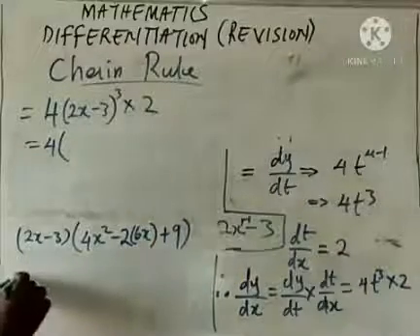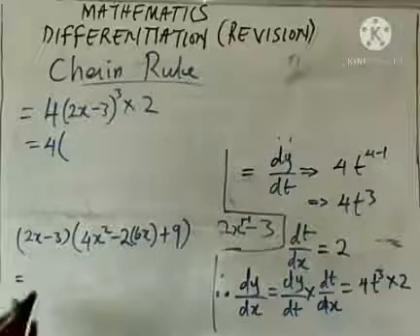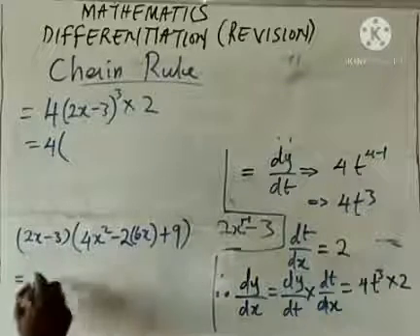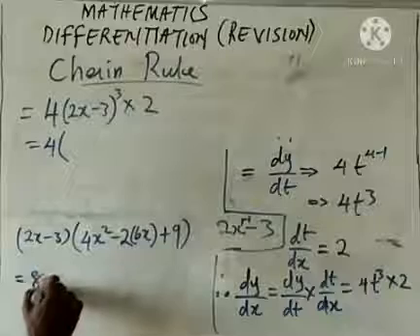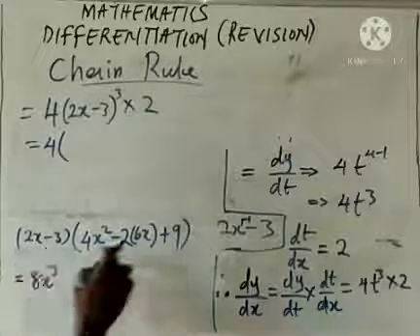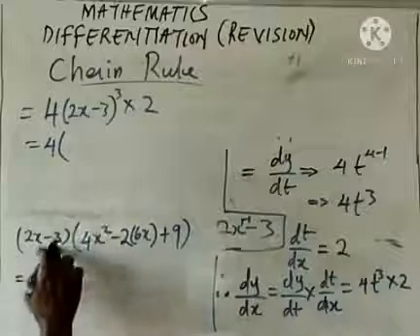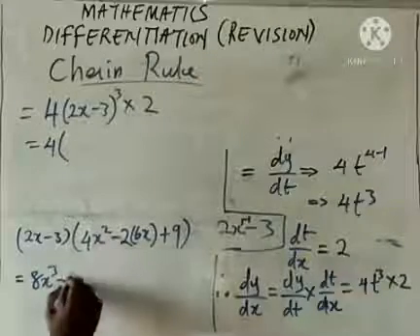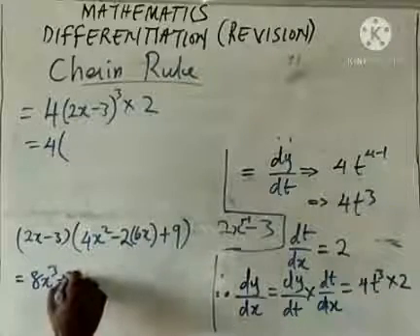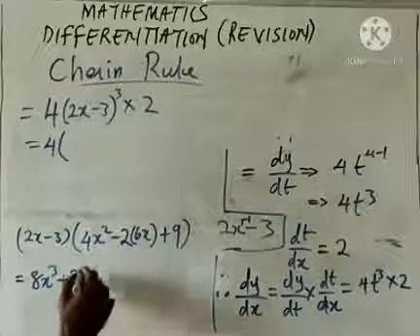So from there, I'll be having the algebraic expansion here will give me 8x cubed plus this and this, 18. 18 times 2 will give me 36x.